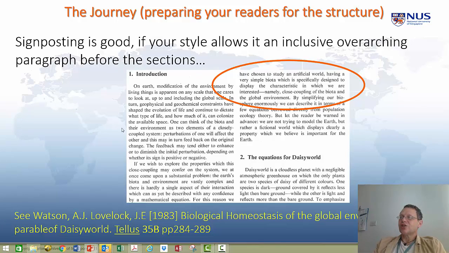Okay, so I'd like to draw your attention to two things that these fine writers have done. The first thing they've done is they have deliberately limited the scope, which is specifically designed to display the characteristics in which we are interested. Namely, they've reduced content, so increased focus.